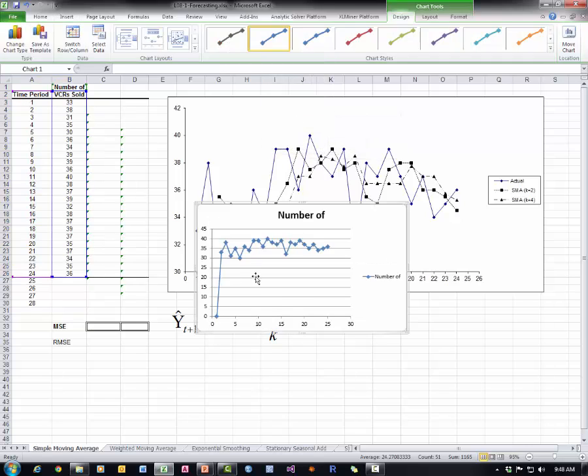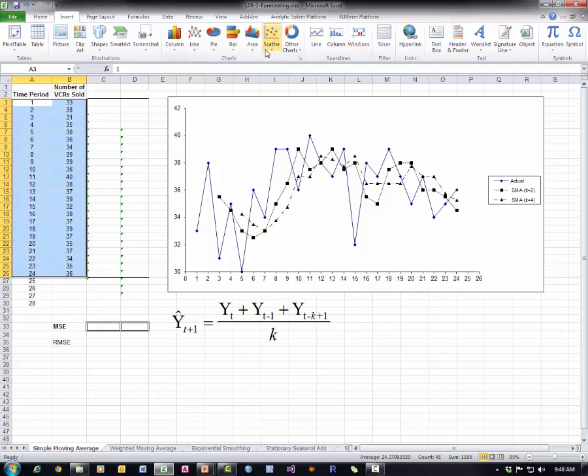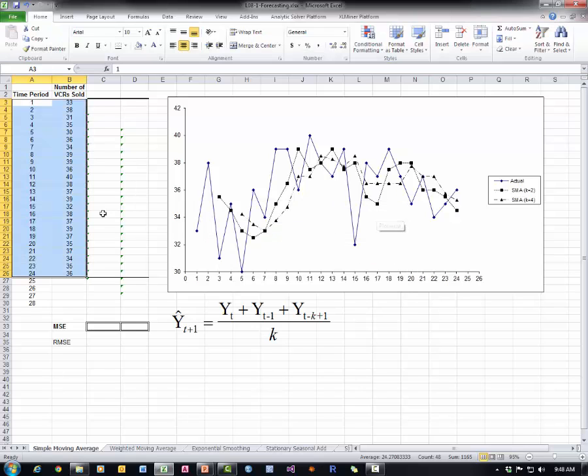Here is an example of a scatter plot. I'm just going to select this here, insert, scatter. There we go. So that gives you an idea of how your data looks, and you can see it's pretty flat. There are ups and downs, which could be due to error, but it's pretty flat.